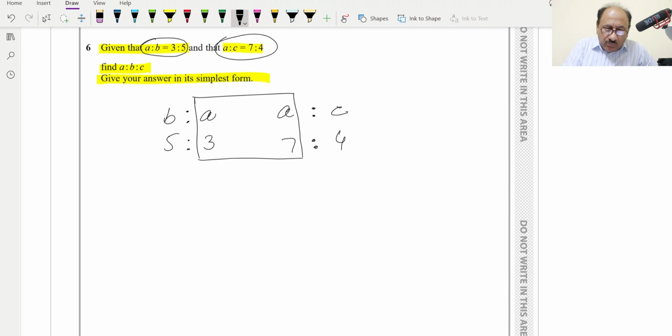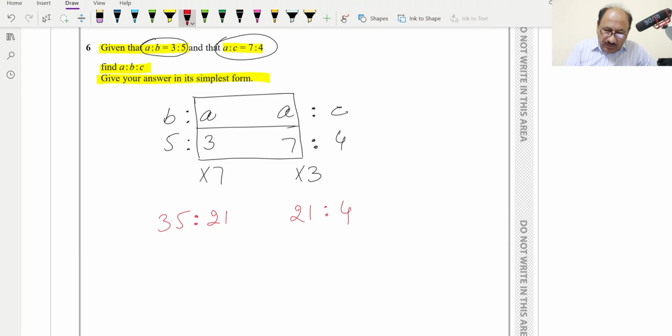So we got A in the middle. We have to equalize these ratios, for example 3 and 7. How can we equalize? We will multiply this by 7 and multiply this by 3. The new ratio will be, multiplying this whole by 7, 35 ratio 21, and when we multiply these two by 3 we will get 21 ratio 12.